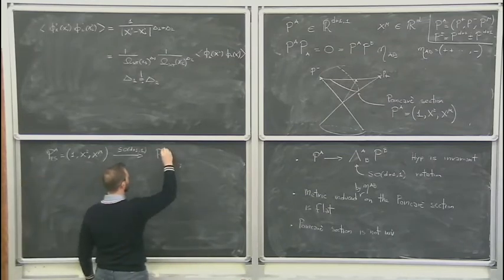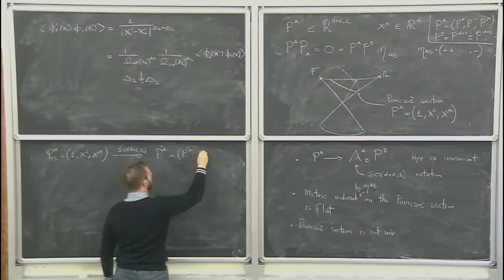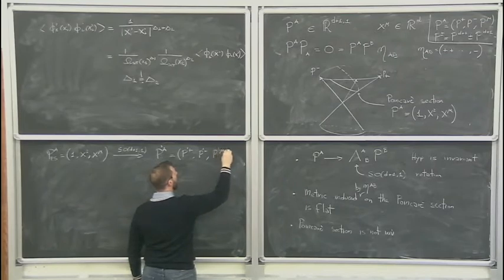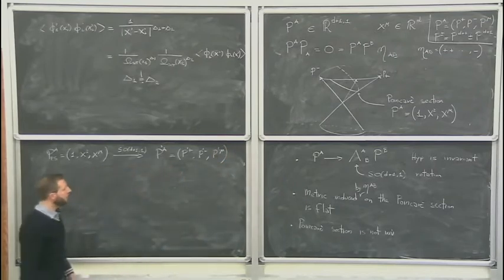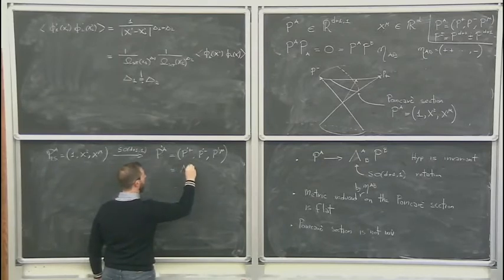So P^A prime, let's say, which has the form (P^+ prime, P^- prime, P^mu prime), which is nothing else than Lambda^A_B P^B Poincaré.